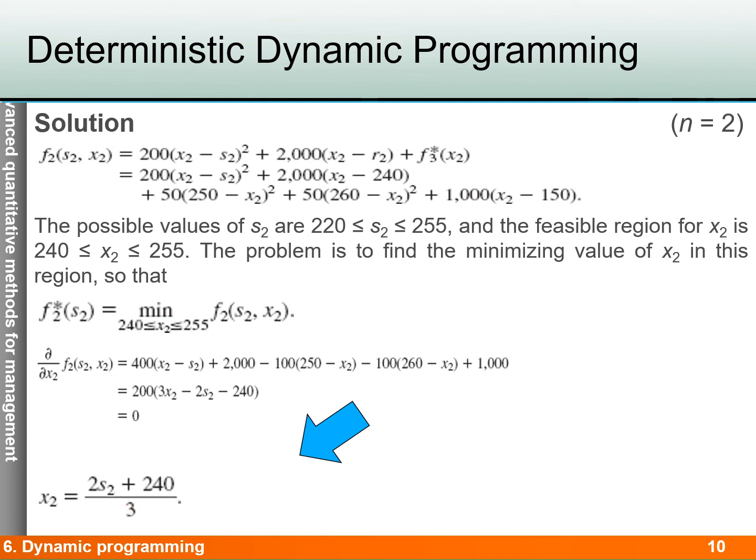Again, we should check if this X2 is valid for the whole period, this interval of S2. We should check the different values of this S2. In this level n equal to 2, there is an exception that I explain in the next slide.